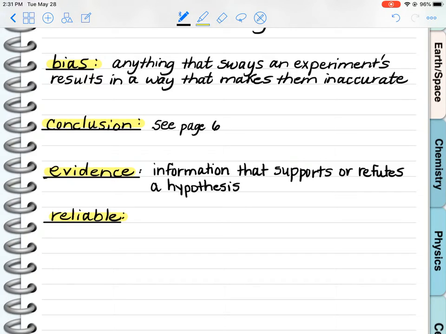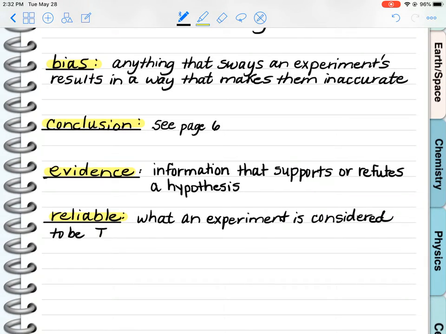Reliable. Any evidence that you present has to be reliable. And reliable is what an experiment is considered to be. This is a long definition, I'm sorry. What an experiment is considered to be if, and I would write that in all caps and probably circle it, the same process.